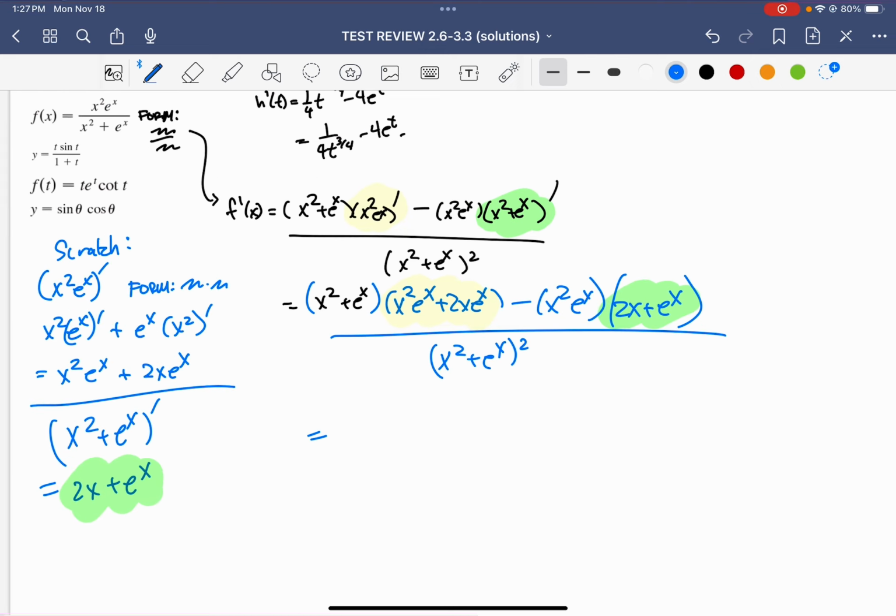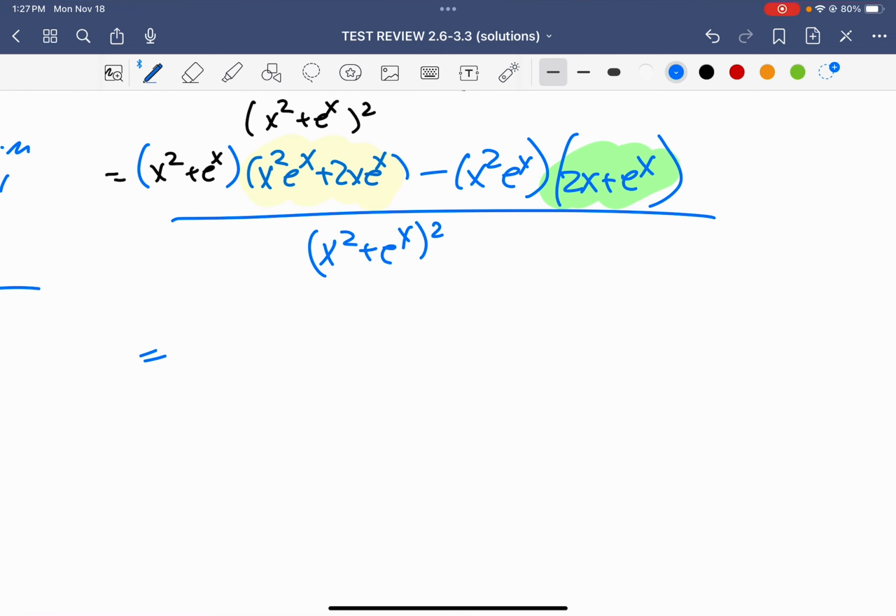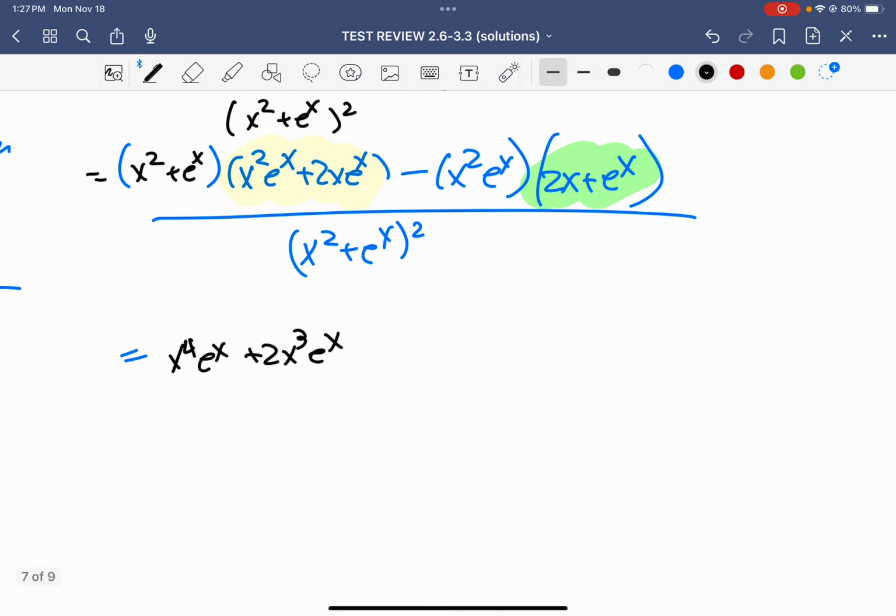So if all it said was take the derivative, you would be done. If it said take the derivative and simplify, we got to distribute this out. So this is going to be x to the fourth e to the x. And then this one times this one is going to give me 2x cubed e to the x. And move on to this one times this one is x squared e to the 2x. And then this one and this one is 2x e to the 2x.